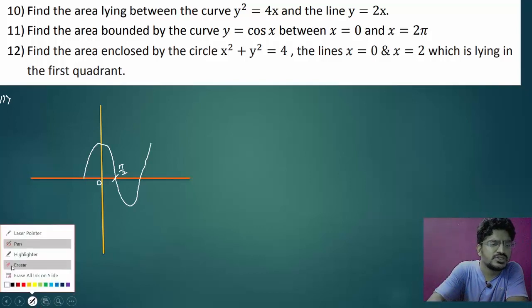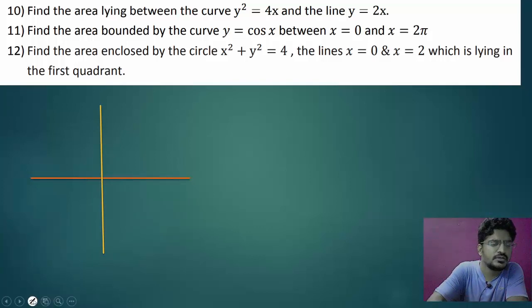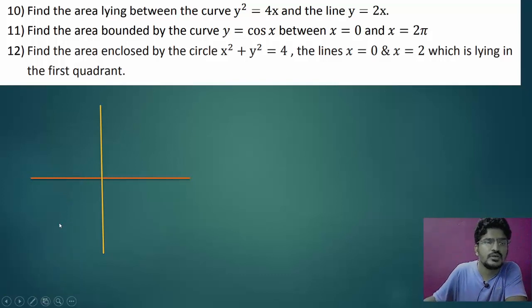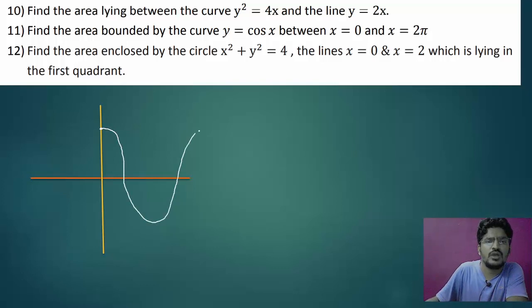Okay, let us draw this very neatly. So we start with 0 and we go down, we come up like this. Okay, this is the curve of cos x.